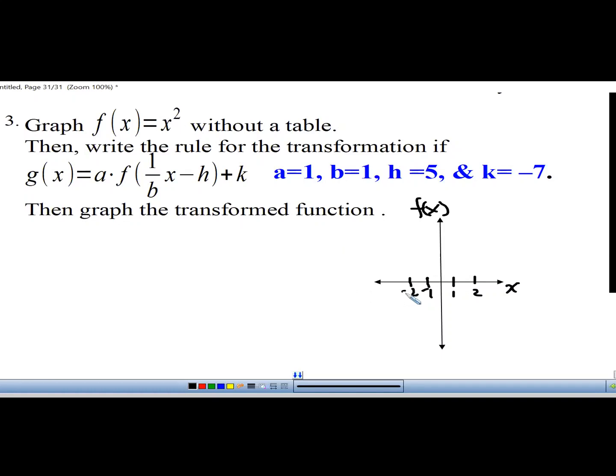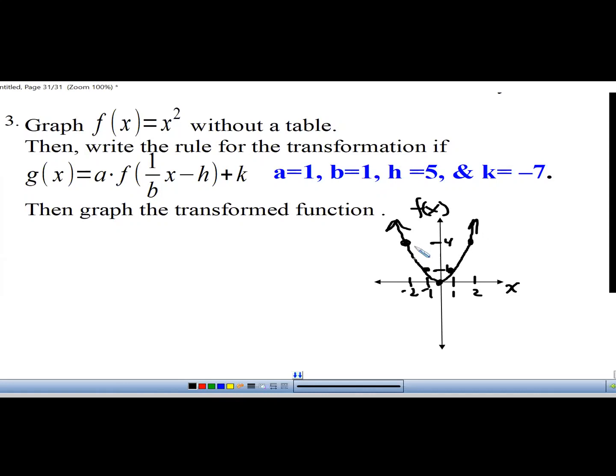So what is -2 times -2? -2 times -2 is 4, Mr. Q. Okay, so that goes right there. What is -1 squared? -1 times -1 is 1, which is right there. And then 0 squared, 0. 1 squared is 1, 2 squared is 4. So my parent function is right there. Right, Juan? These have to be automatic by the time they get to pre-cal and cal, yeah?